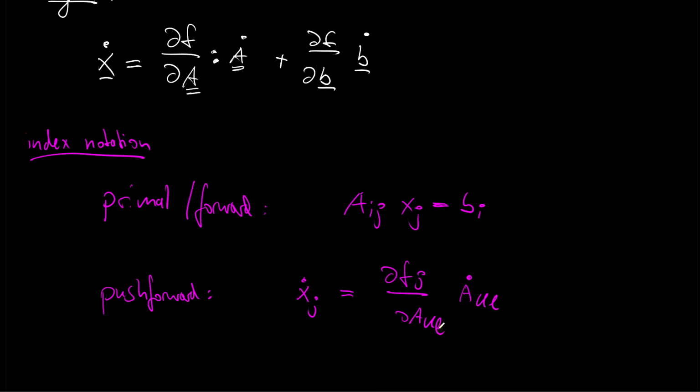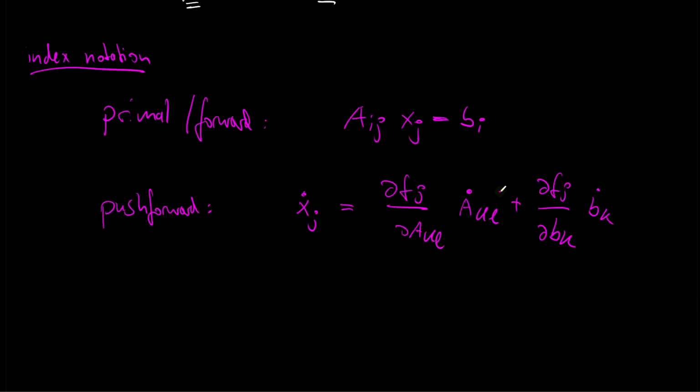Let's introduce some new indices, in that case k and l, and then by the Einstein summation convention we contract over twice-appearing indices, and here we see this is the double contraction, so we contract over both k and l. Then let's add df_j with respect to b_k multiplied with the tangent b dot_k.